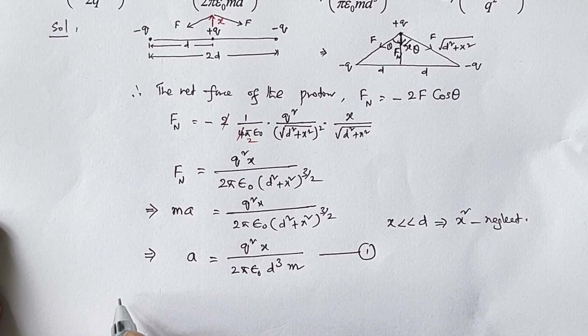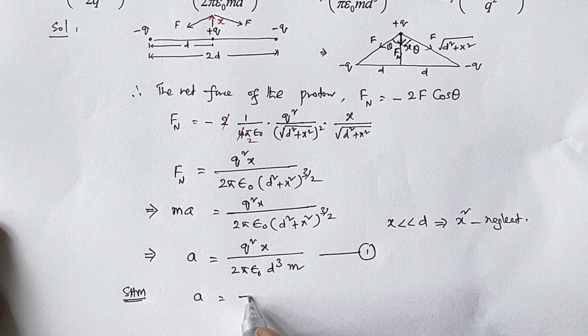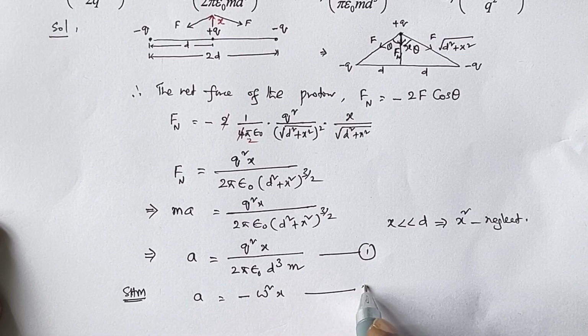This equation is an SHM equation. SHM equation: A is equal to minus omega square x.